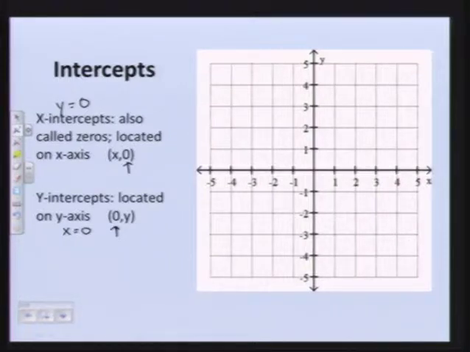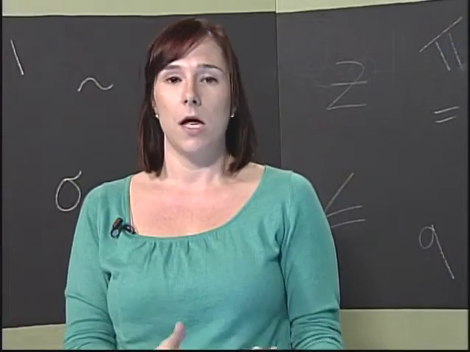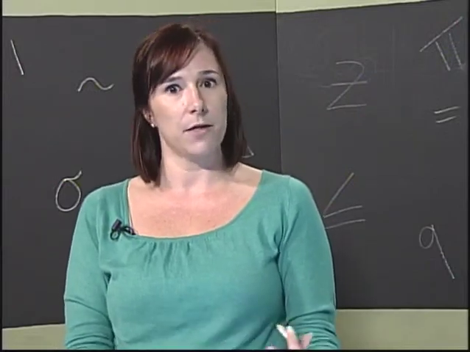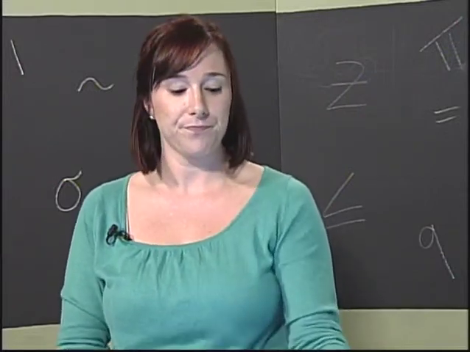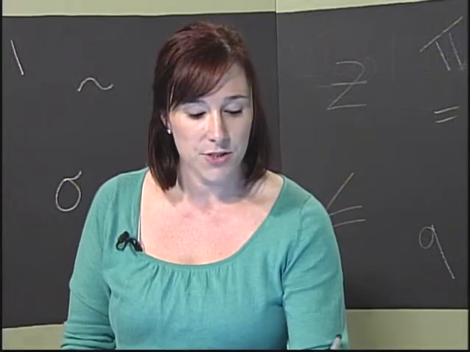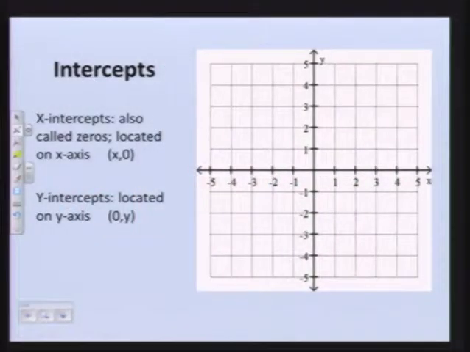If you aren't given a graph, you can always determine intercepts based off of a function, and that's something that we will do in this course. Not today, but it will happen. It's coming along soon. Okay, so let's just look. I'm just going to draw a basic line, and I'm going to do it in red.